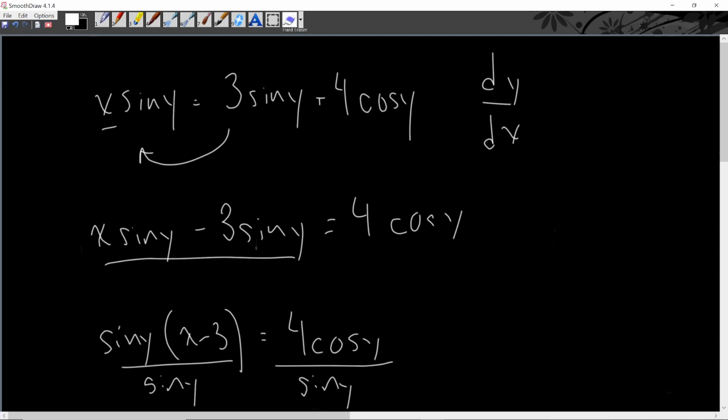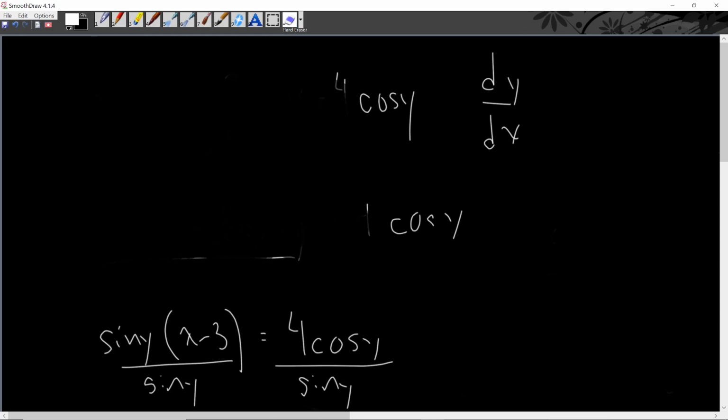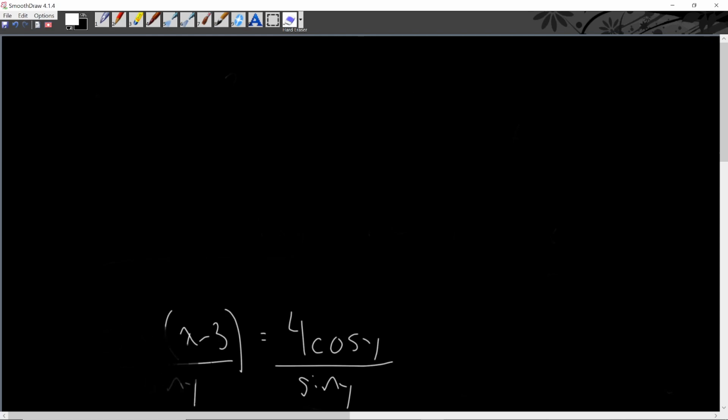And now you could write this as cotan y, but why would we do that, right? Maybe if you know these things off the top of your head that might be helpful, but we might as well just do this.